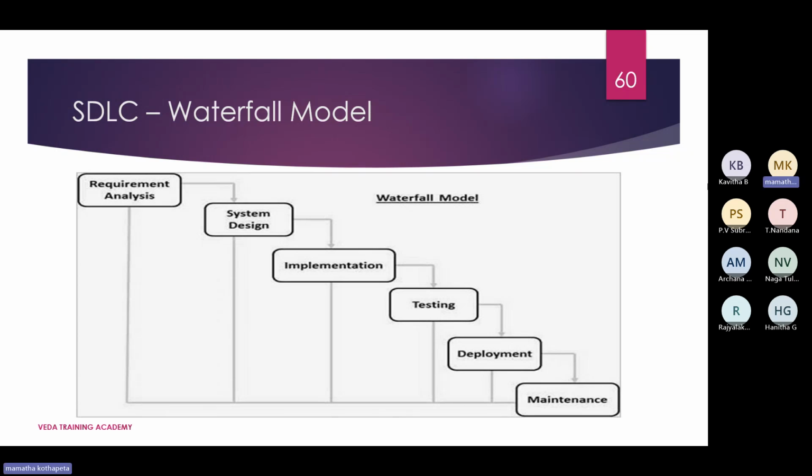If the customer is clear on what he needs, yes, I want that application, this application is going to serve these customers, and this is what I'm planning to do, if he has a clear vision about the product, then the waterfall model is the best one. And he is picking one technology, and that technology is not dynamic in nature.